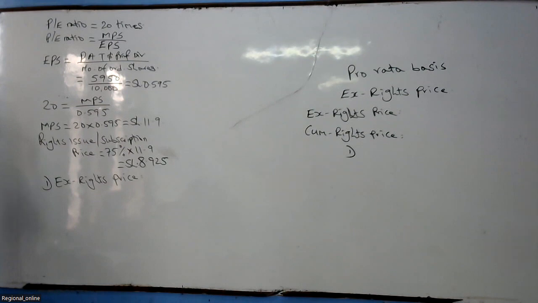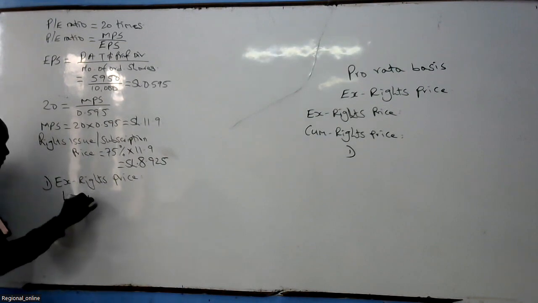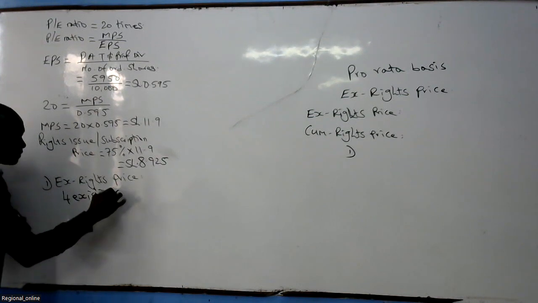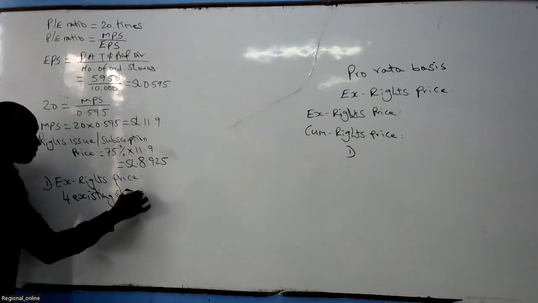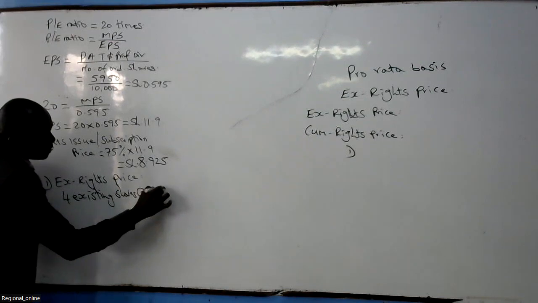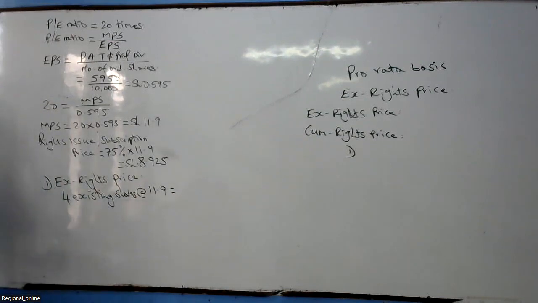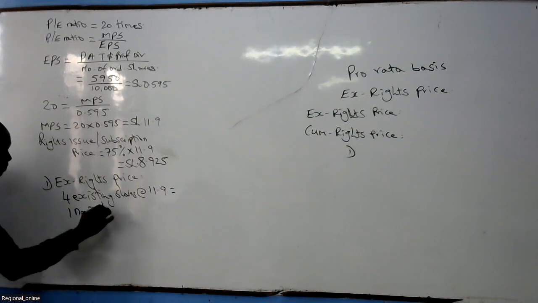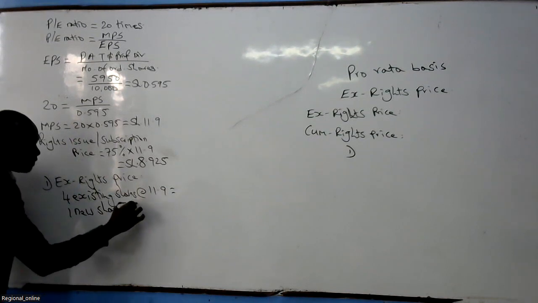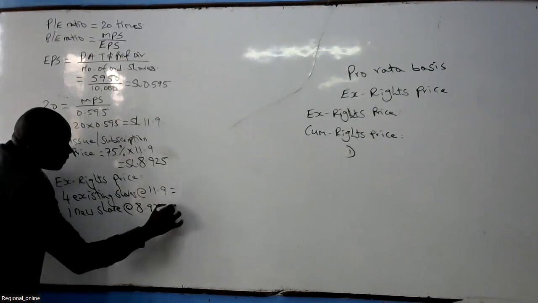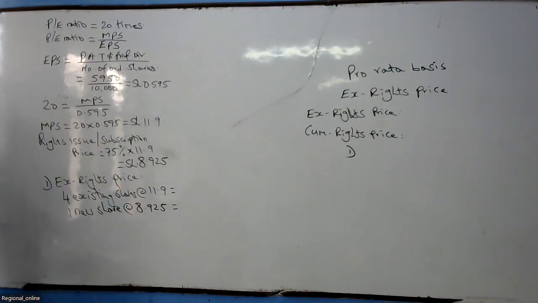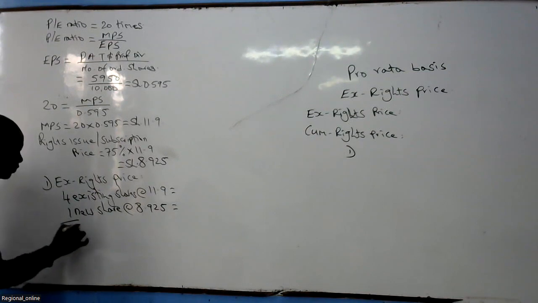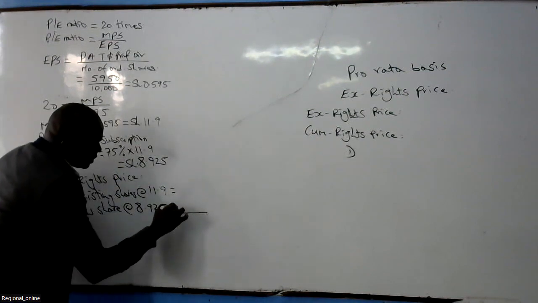One new share for every 4 existing shares, going at how much? 11.9. You'll be given 1 new share at 8.925. So at the end of the day, you'll have 5 shares, valued at how much?